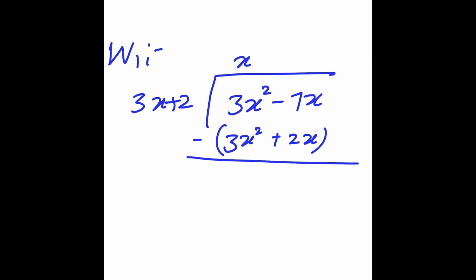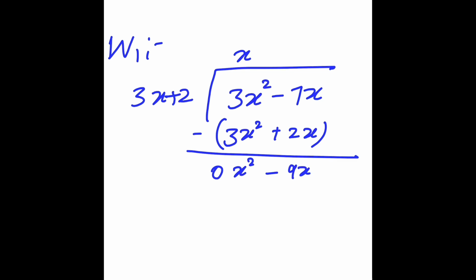Subtracting, it is going to be giving us 0x squared minus 9x. Now divide minus 9x with the leading term 3x. So quotient 2 equals minus 9x divided by 3x. That is going to be giving us minus 3. Now multiplying minus 3 with the entire denominator, which is 3x plus 2, gives us minus 9x minus 6.